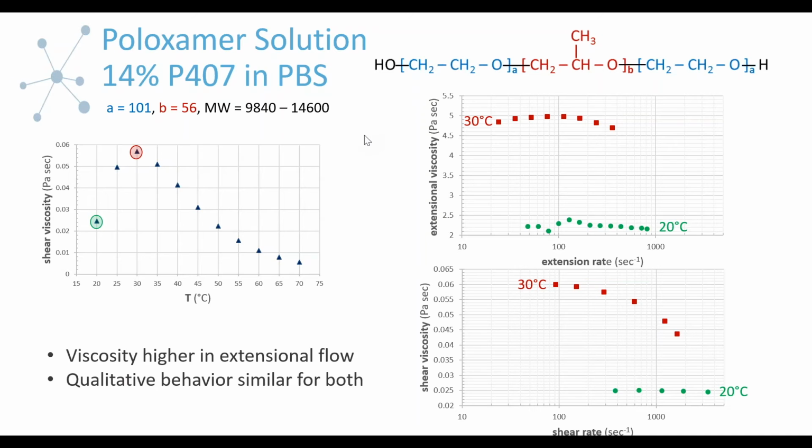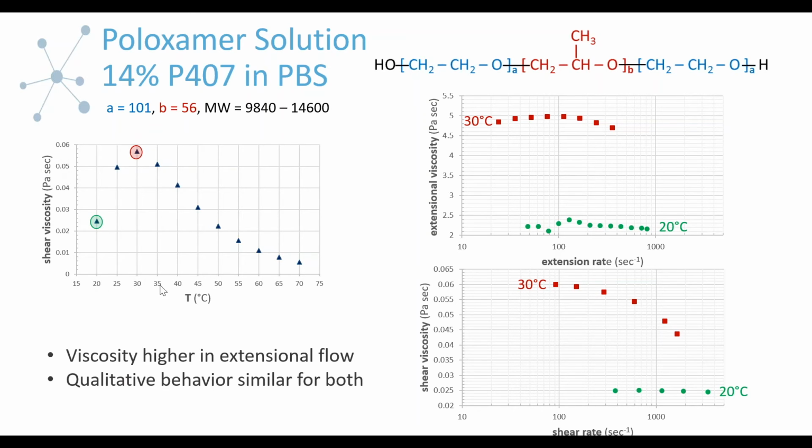The reason I chose this is because poloxamer solutions will self-assemble in aqueous solutions, and their behavior will change as a function of temperature. I can change the viscosity and change the behavior from Newtonian to non-Newtonian just by changing the temperature. So I can get a variety of behavior with one solution just by changing temperature.